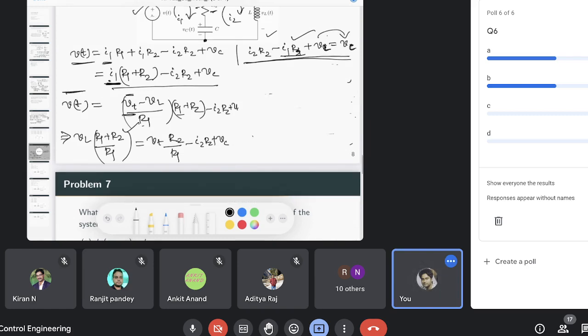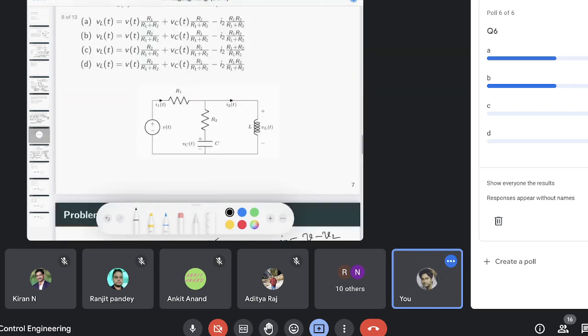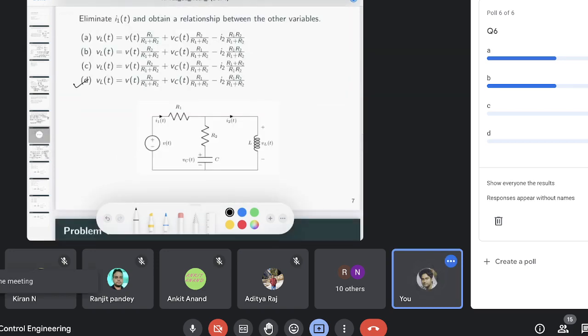Then you have VL equal to, multiply by the reciprocal of this on both sides, so you have Vt times R2 by (R1 plus R2) minus I2 R1 R2 by (R1 plus R2) plus Vc times R1 by (R1 plus R2). This is the expression for VL. So this is option D.